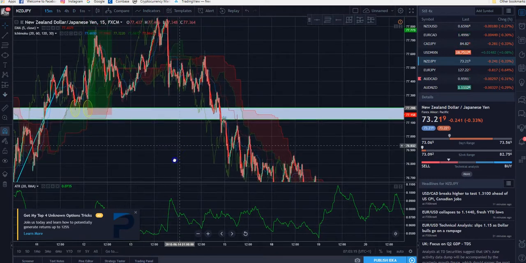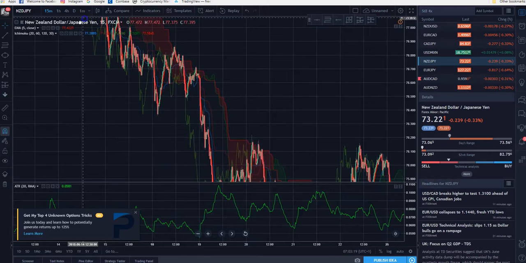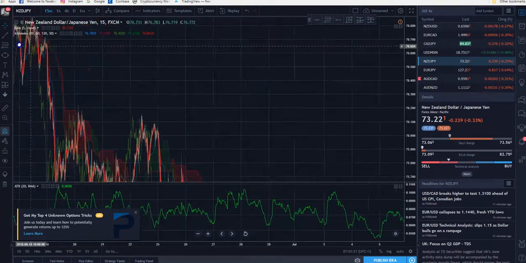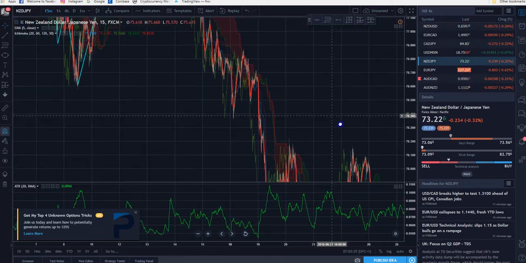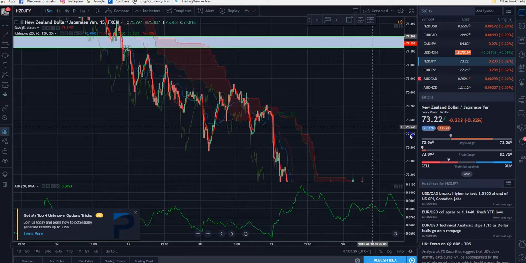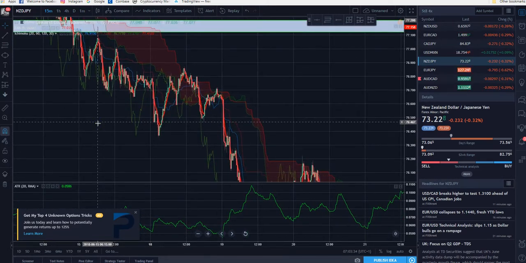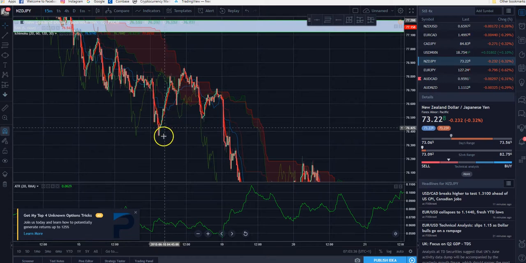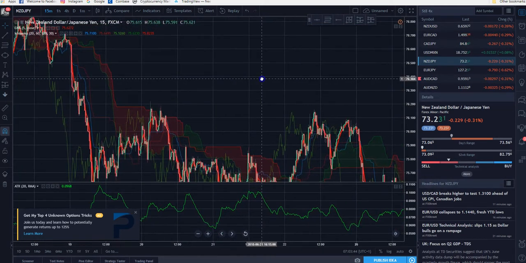So if you know an area, if you know something's going to drop, you're going to be looking for an area to enter the trade. So let me see if I can see an area here. I don't see one here.